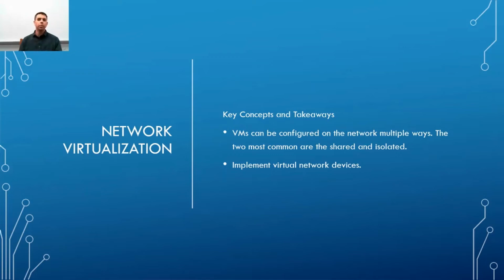So that's what a VLAN would be. Each of those cables would represent a different local area network, so to speak, which allows you, of course, to segment your network. You can regulate who has access to what, etc. So that is an example of network virtualization.